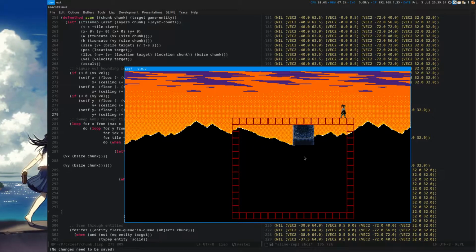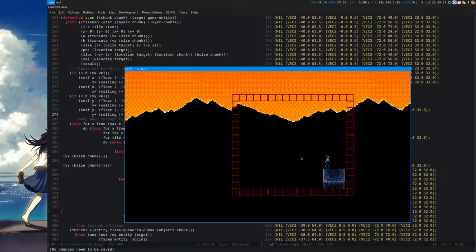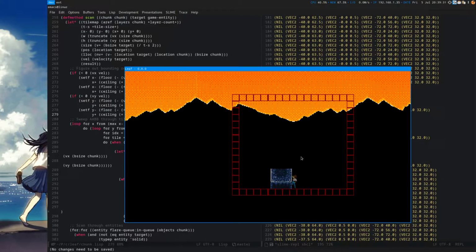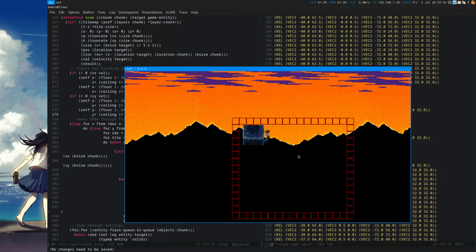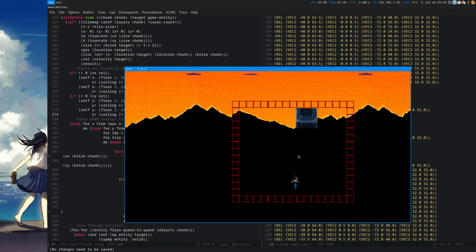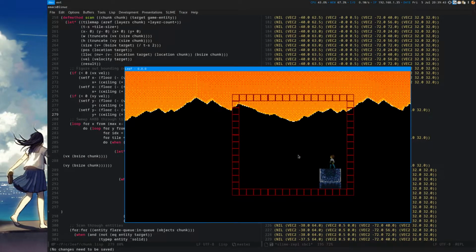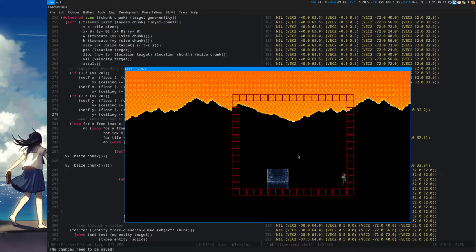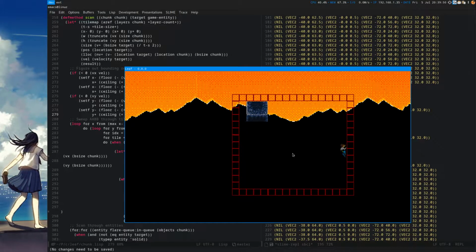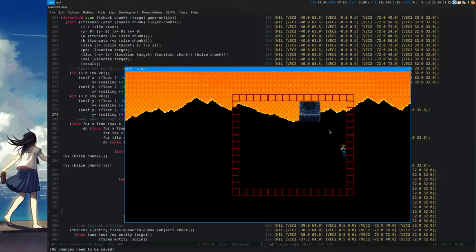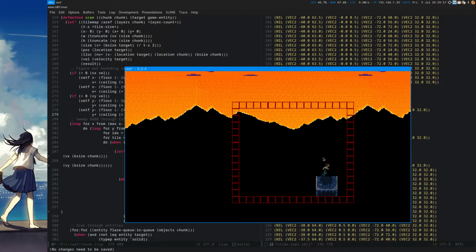Zoop. Still that problem, huh? But otherwise it looks okay-ish. I think there's actually a problem in the drawing of the chunk that's happening.